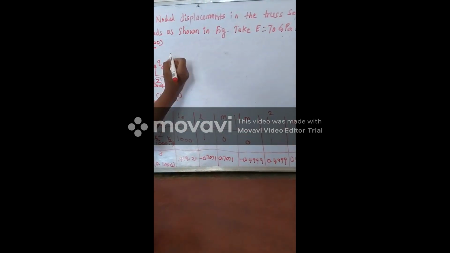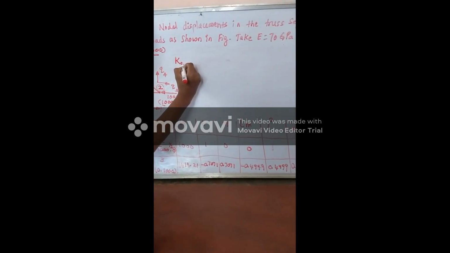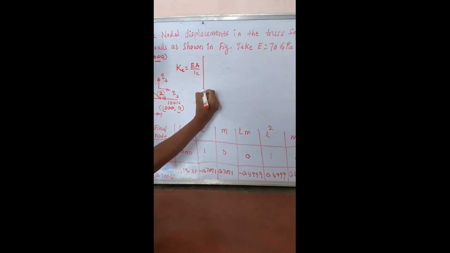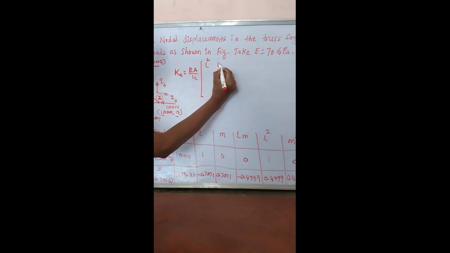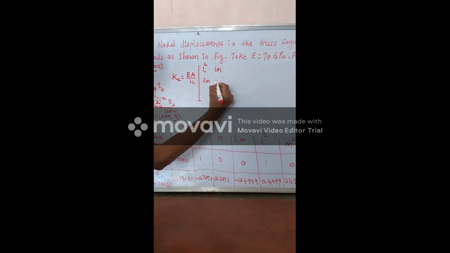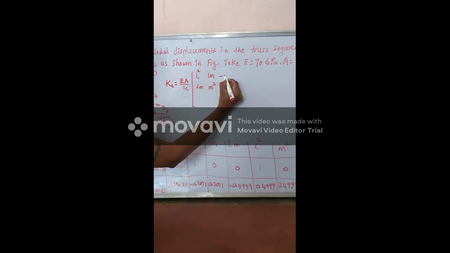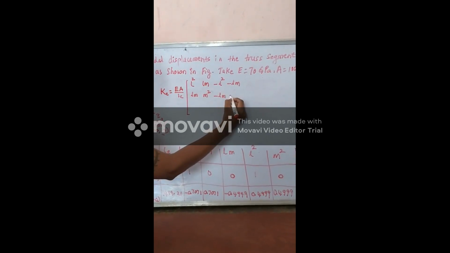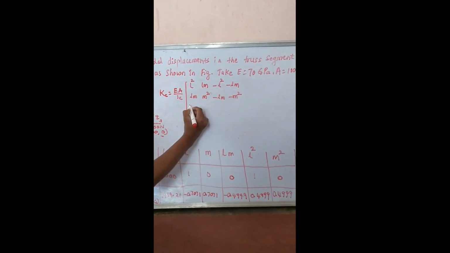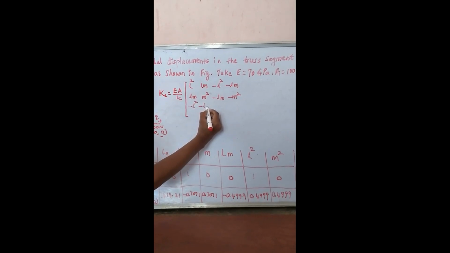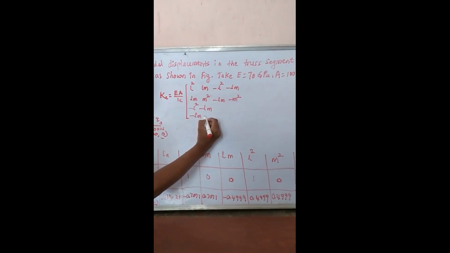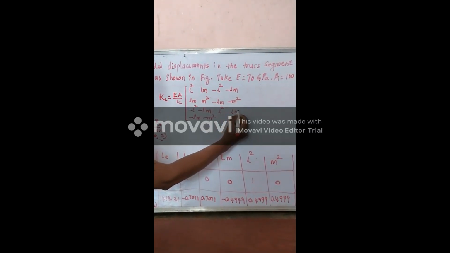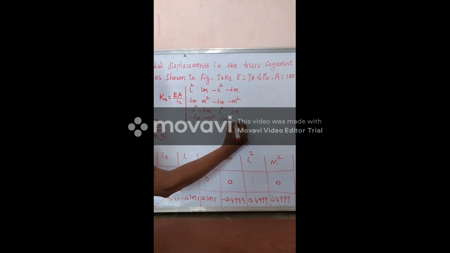We know that the stiffness matrix for a truss element is given by EA by LE times the matrix: L square, LM, minus L square, minus LM; LM, M square, minus LM, minus M square; minus L square, minus LM, plus L square, plus L into M; minus LM, minus M square, plus L into M, plus M square.